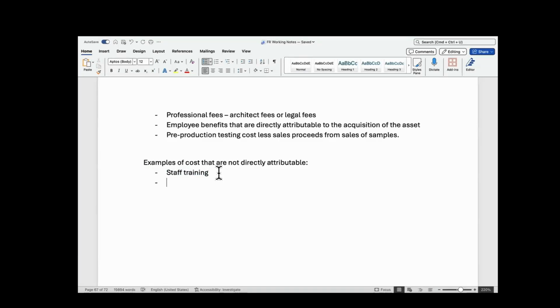Another cost is the cost of opening a new facility or startup costs or other related pre-production costs.